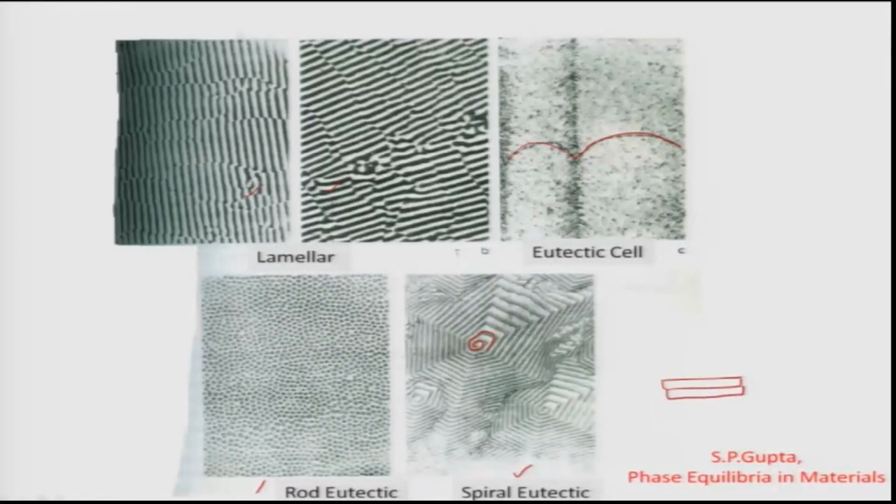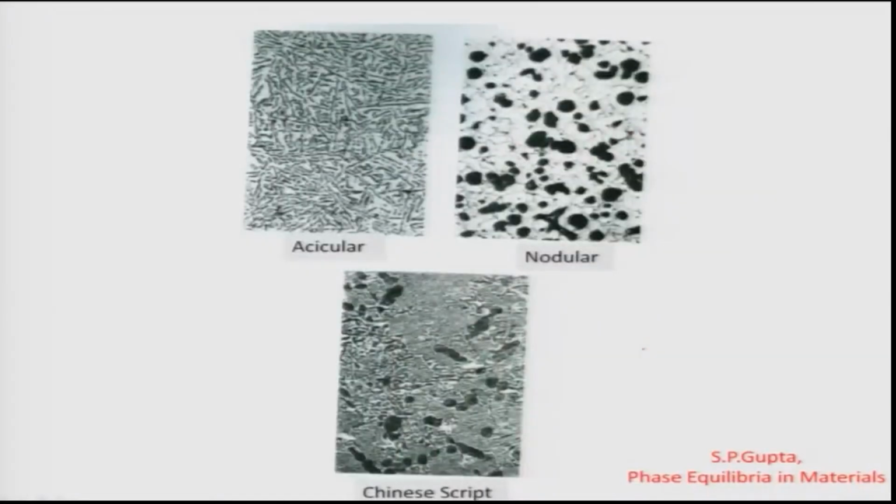If you heat it up to high temperature, one of the phases expands more, tries to bend against the other, and in the process finally forms a spiral. So this is observed in the magnesium-zinc system.